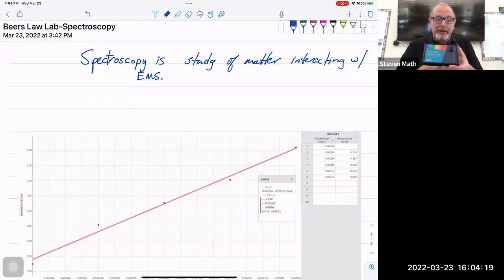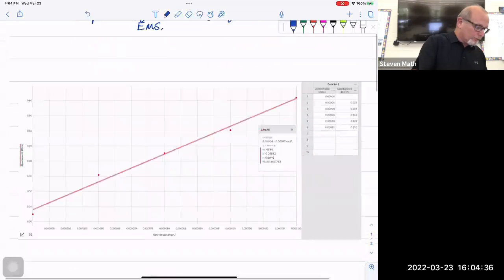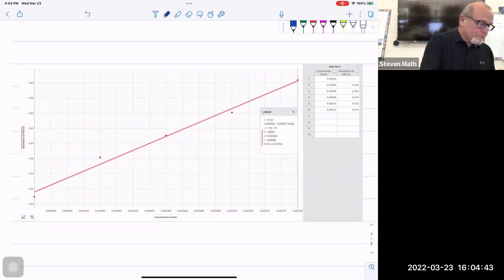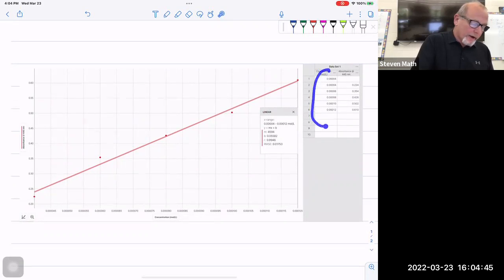I did this the other day in class during a break. I made the different solutions, pushed them through, and it gave me the amount of absorbance that these solutions had. Now let me go back. When I take those data points and plot them, what I plotted was the concentration, which I knew and controlled.